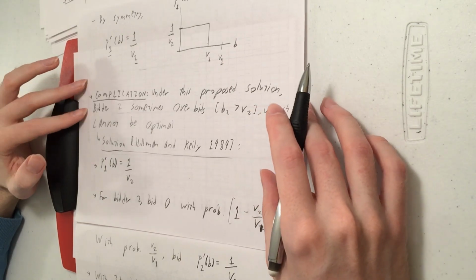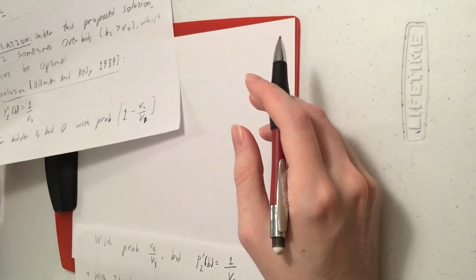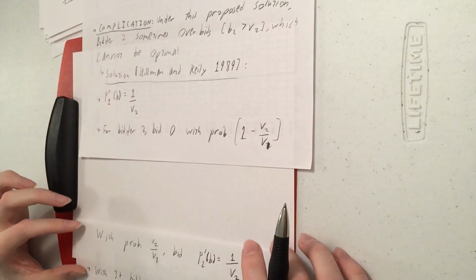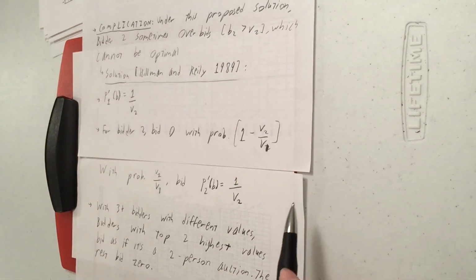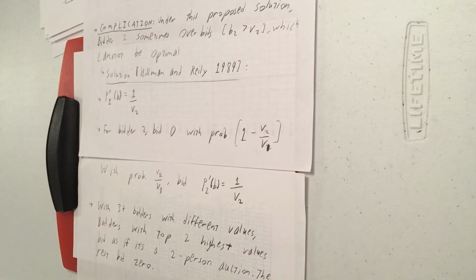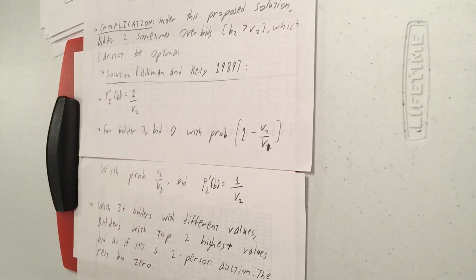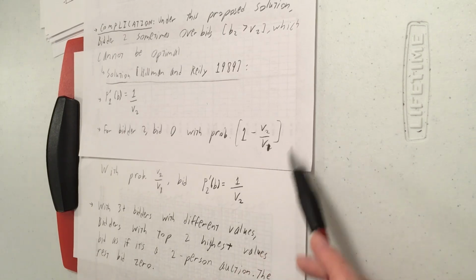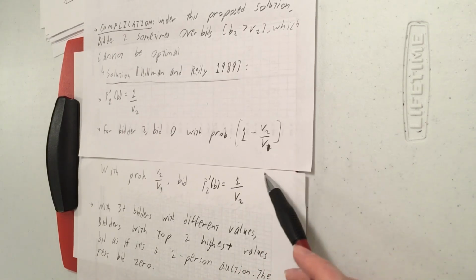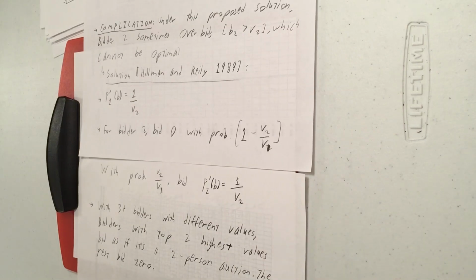And what they find is that the bidders with the 2 highest values should bid just like it's a 2-person auction. The person with the highest value should bid according to this rule we had earlier. The person with the second highest value should bid according to this rule. Now everyone beyond that, bidder 3, bidder 4, etc., people with lower values, they should always bid 0, it turns out.